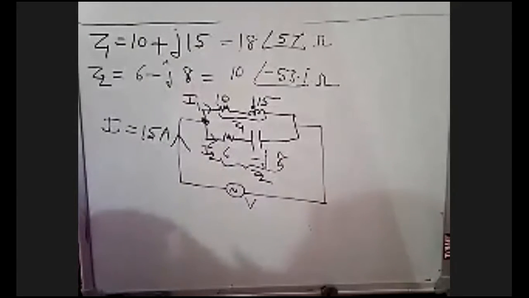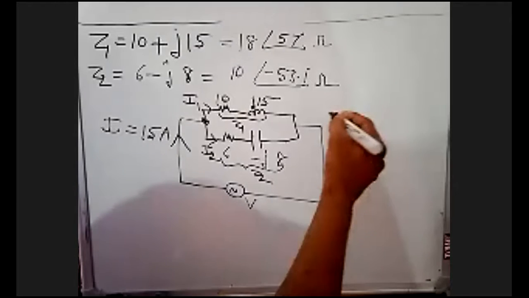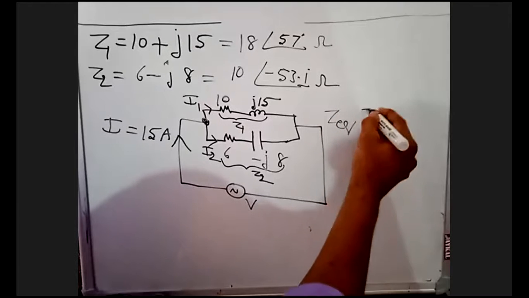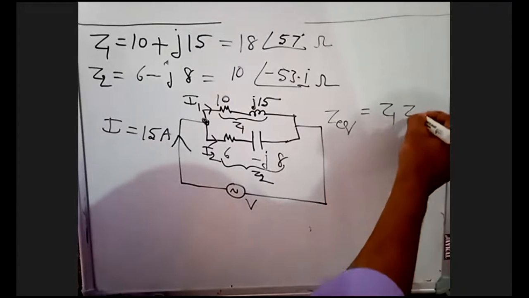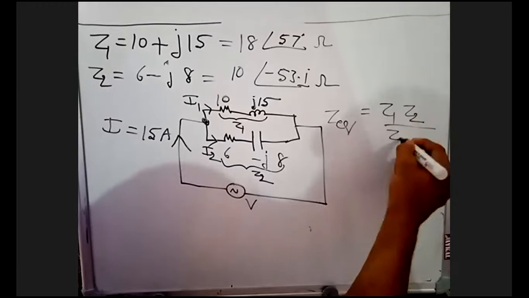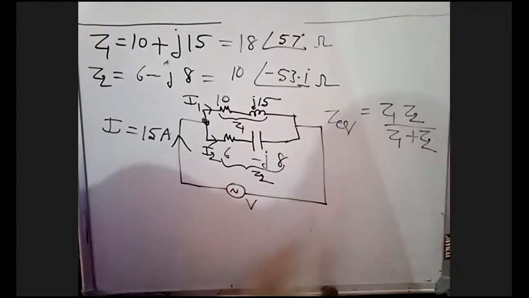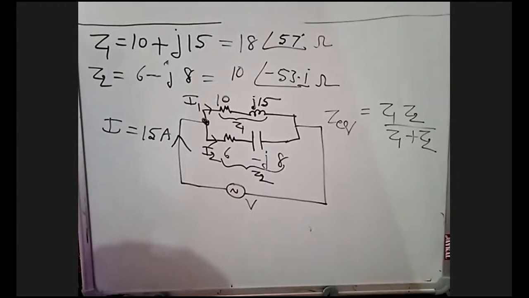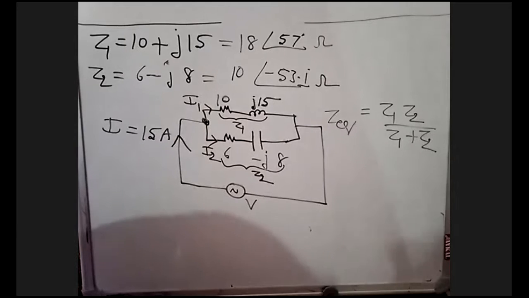Now I will determine the Z equivalent. Z equivalent is equal to Z1 Z2 by Z1 plus Z2, the total impedance. Write down this note point.